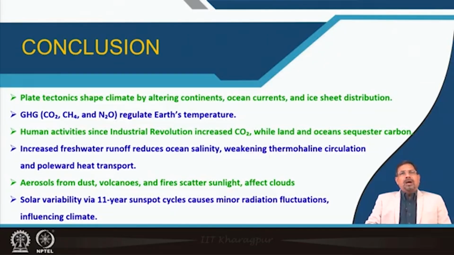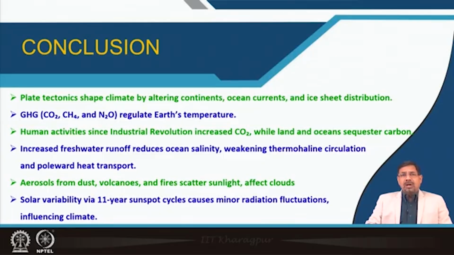Seven points: plate tectonics shapes climate by altering continents, ocean currents, and ice sheet distribution. Greenhouse gases such as carbon dioxide, methane, nitrous oxide regulate Earth's temperature. Human activities since the industrial revolution increased carbon dioxide, while land and oceans sequester carbon. Increased freshwater runoff reduces ocean salinity, weakening thermohaline circulation and poleward heat transport.